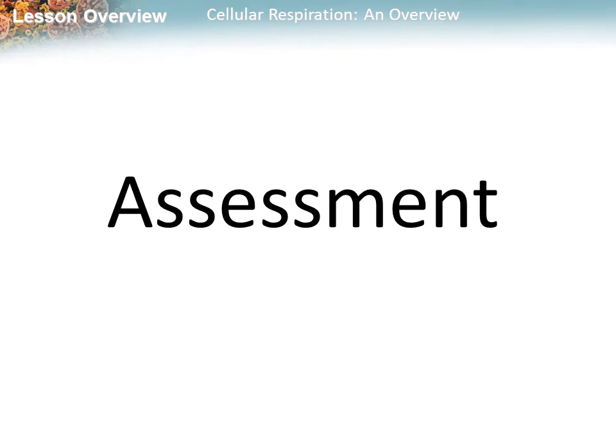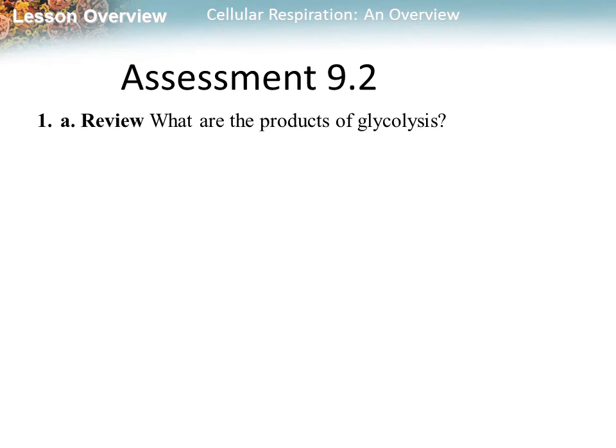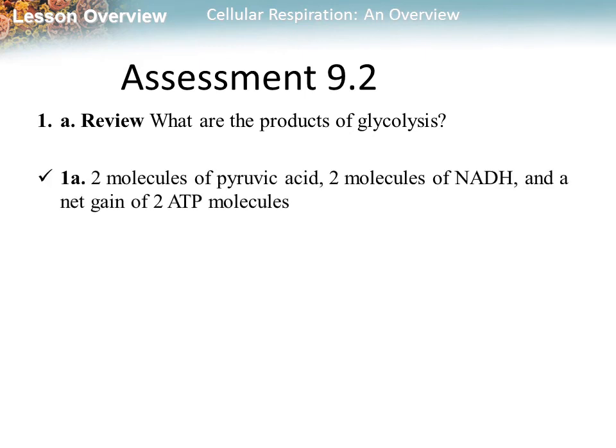Now let us go to the section assessment questions. Question 1A. What are the products of glycolysis? Here is the answer. 2 molecules of pyruvic acid, 2 molecules of NADH, and a net gain of 2 ATP molecules.